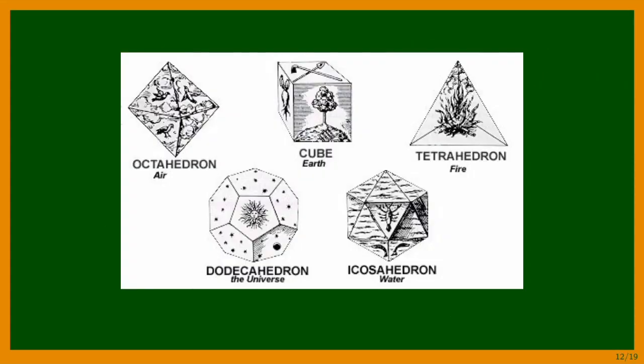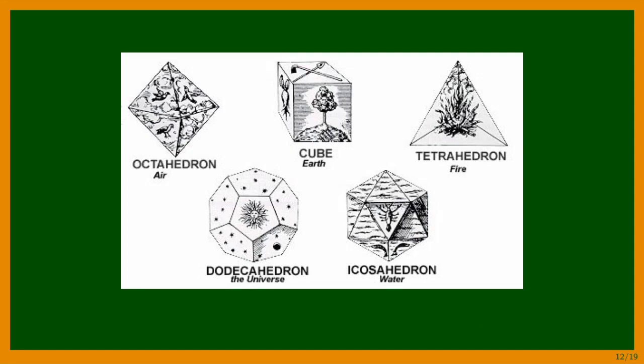In the time of Plato, he associated every Platonic solid with the elements na air, earth, fire, cosmos, tsaka water. No? For him, he considered octahedron as the air element, cube yung earth, tetrahedron, fire, dodecahedron, cosmos or the universe, icosahedron represents water.